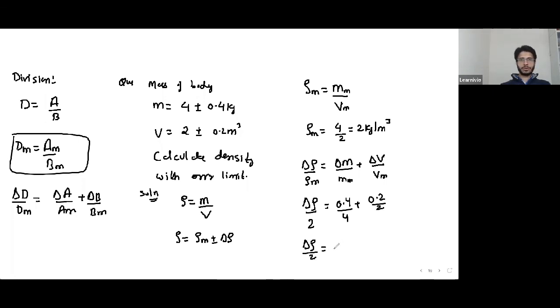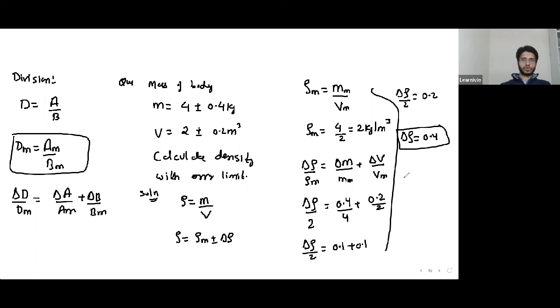Delta rho by 2 is 0.1 plus 0.1, so delta rho by 2 is 0.2. Delta rho is 0.4. So your rho is 2 plus minus 0.4 kg per meter cube.